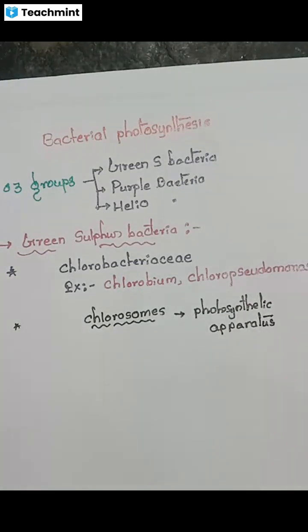The green sulfur bacteria belong to Chlorobacteriaceae. The common green sulfur bacteria are Chlorobium and Chloroseudomonas. In this bacteria, chlorosomes are photosynthetic operators.